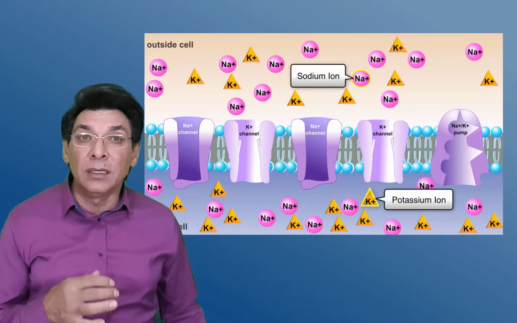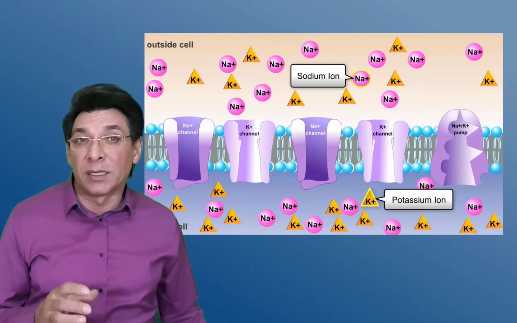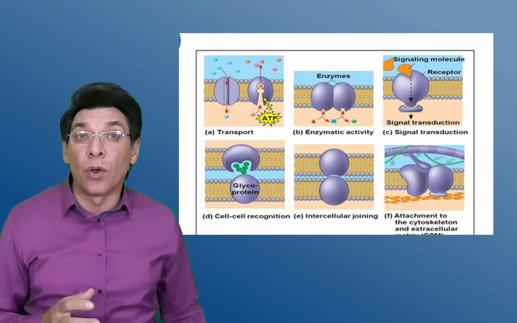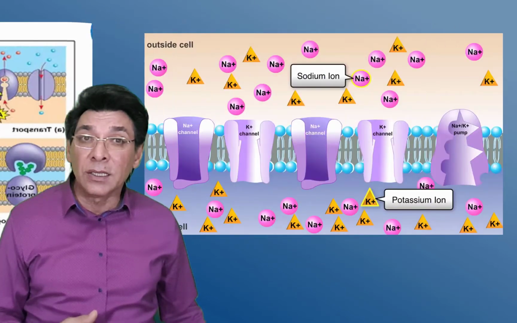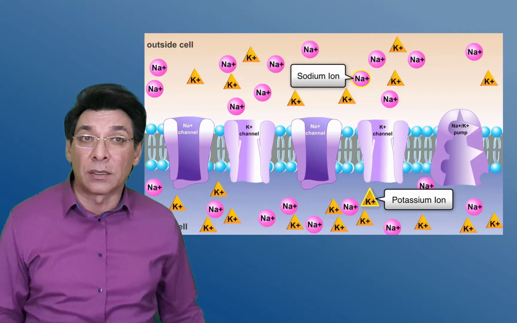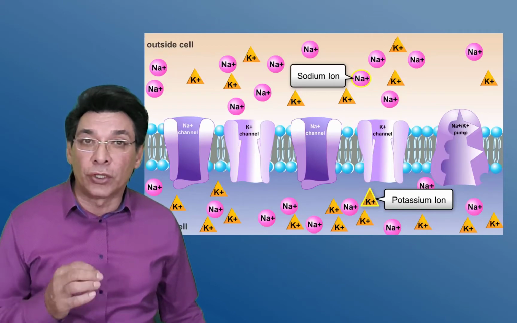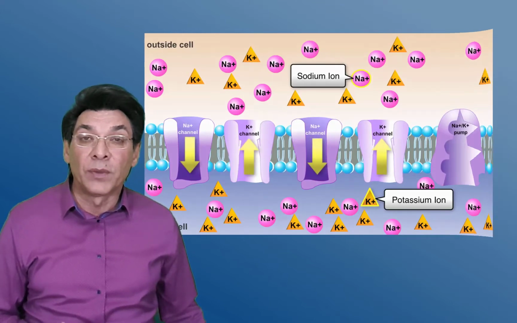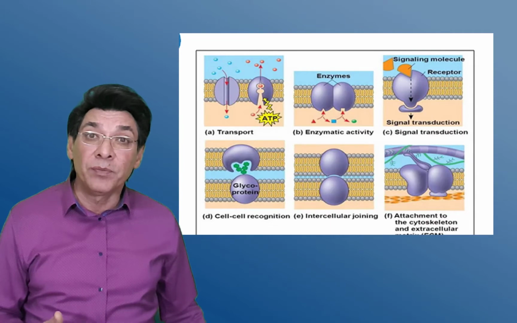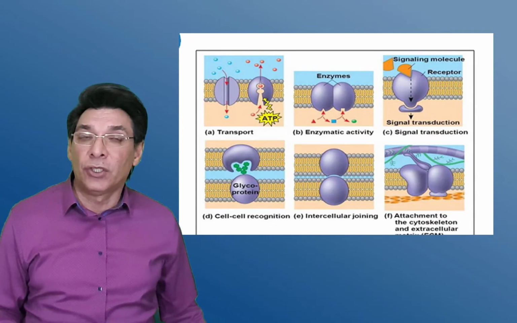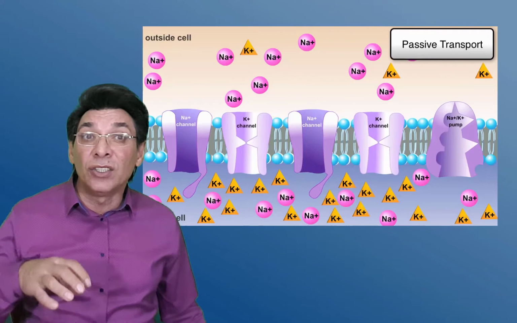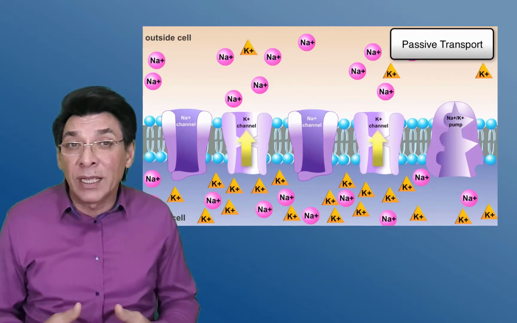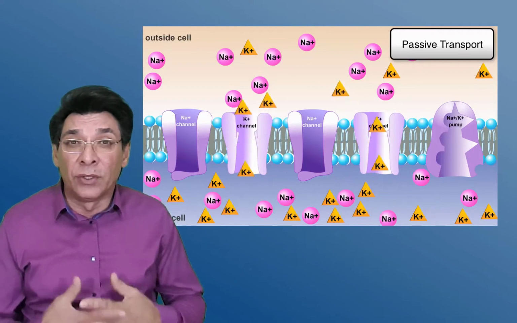First type, chemically gated channels, triggered by specific ligands, chemicals, that can open or close the channel. Second type is voltage gated channels, triggered by electrical changes across the cell membrane to open or close the channel. And the third type is mechanically gated channels. They are triggered by distension or physical force applied to the membrane to open or close the channel.